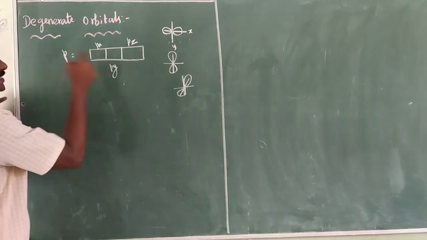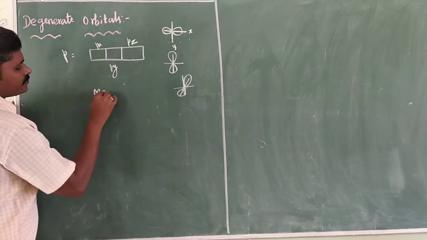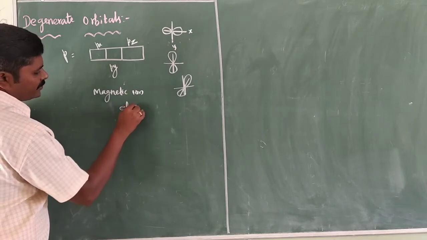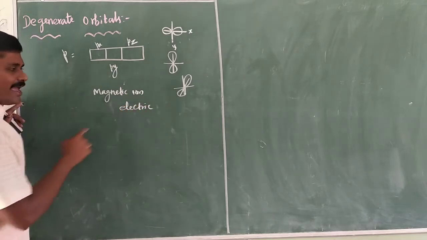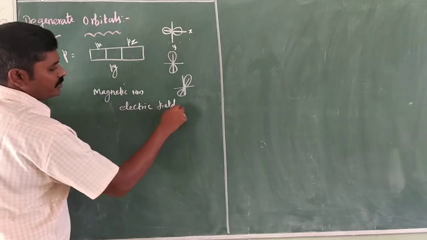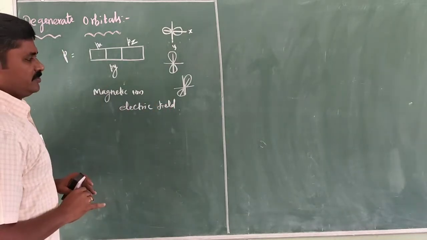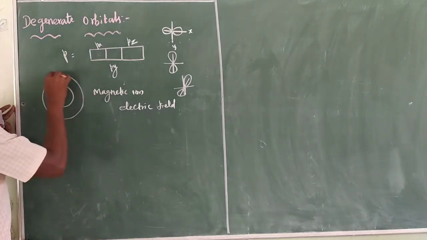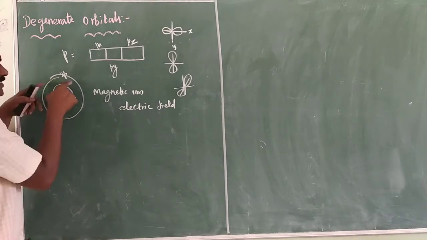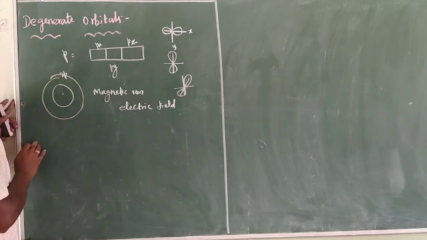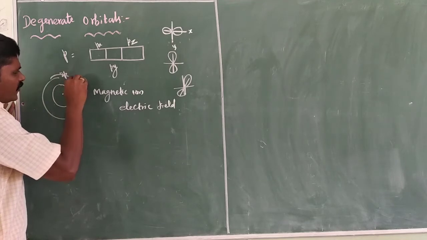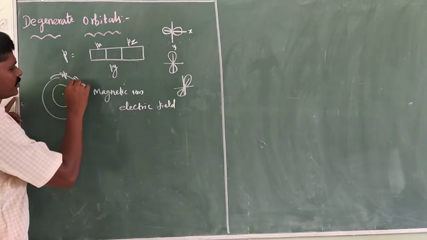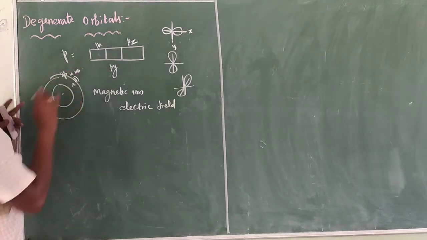However, in the presence of a magnetic or electric field, the degeneracy is lost. In the 2p orbital, in the presence of a magnetic or electric field, the three possible orientations px, py, and pz have different energies.